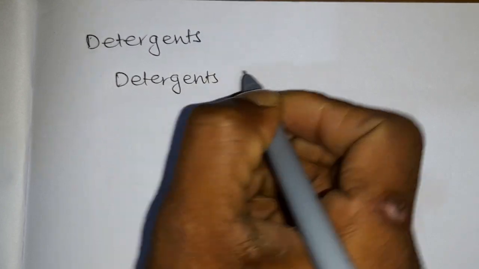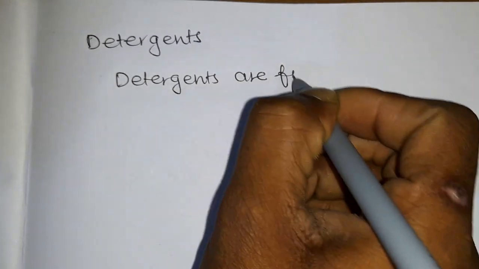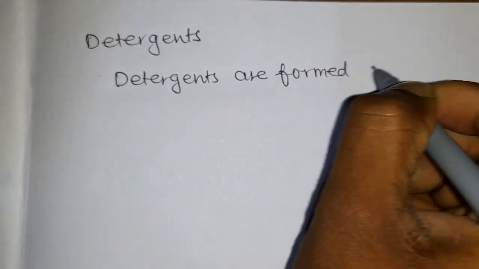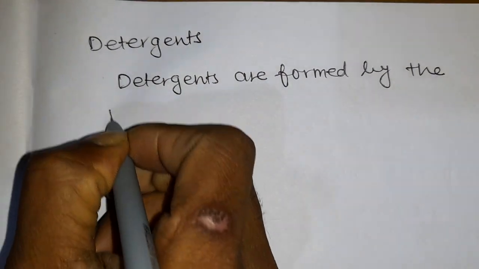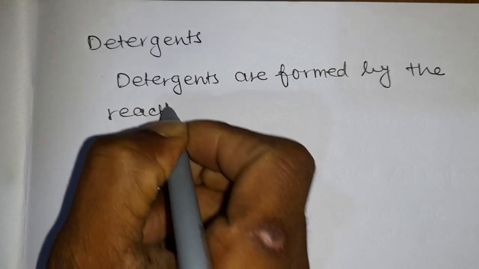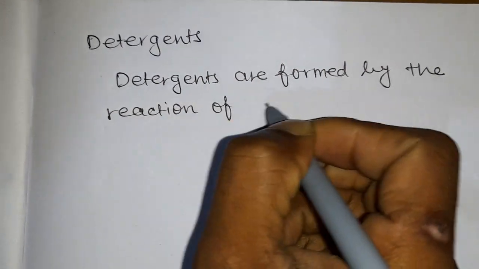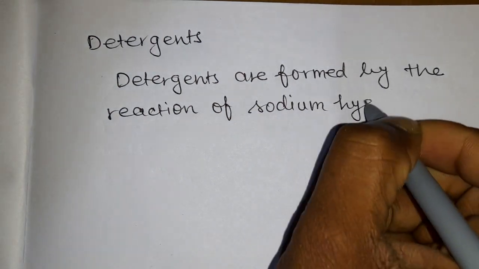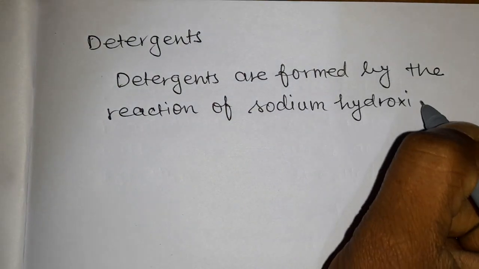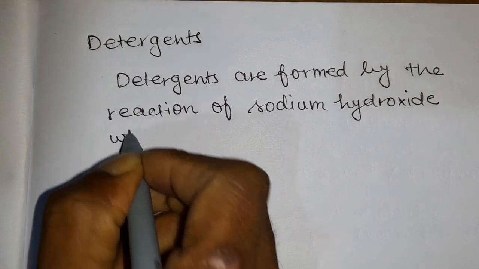Detergents are formed by the reaction of sodium hydroxide, NaOH, with sulfonic acid.